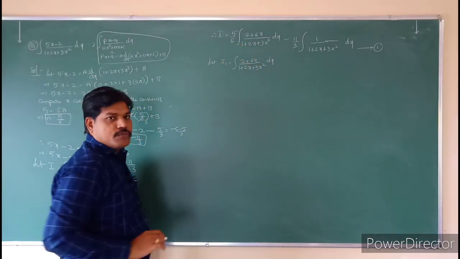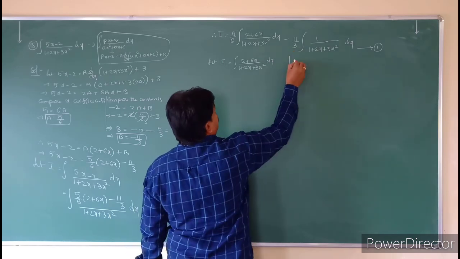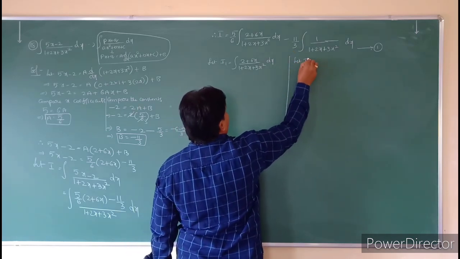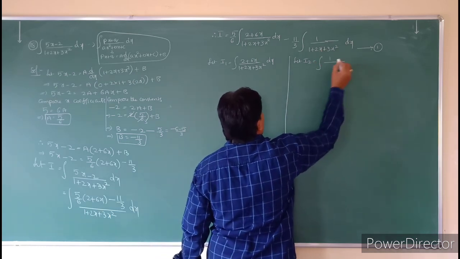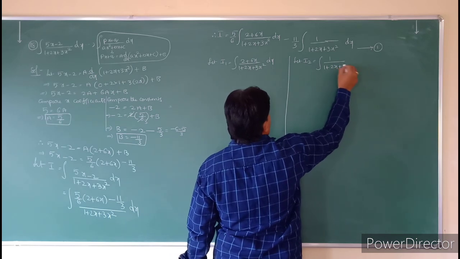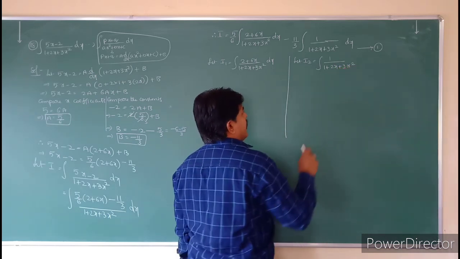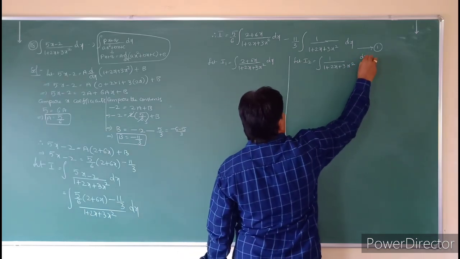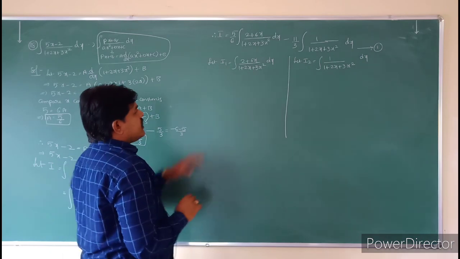This one you have to simplify. Next, let I2 be equal to the integral of 1 by 1 plus 2x plus 3x square into dx. This is the form you have to simplify. So the first one is the easy one.